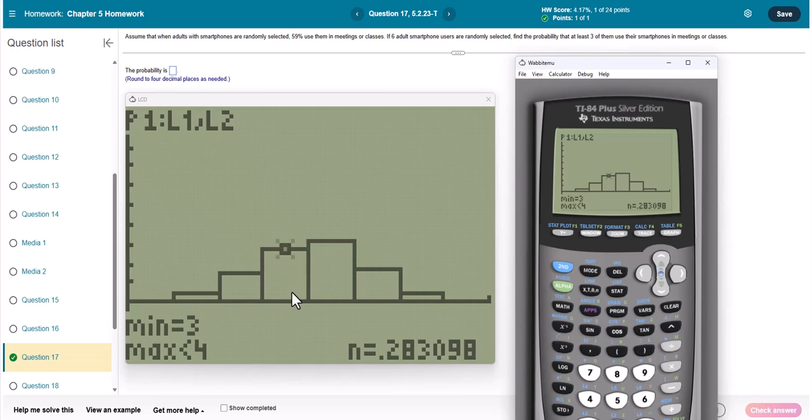The problem is that the binomial CDF only starts at 0, but we want to start at 3.